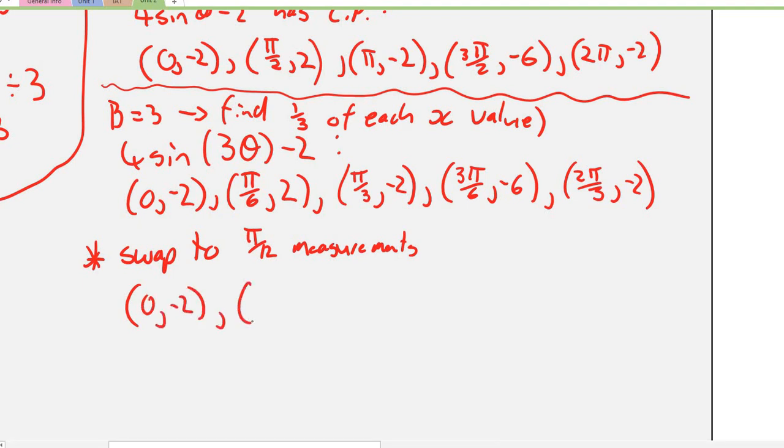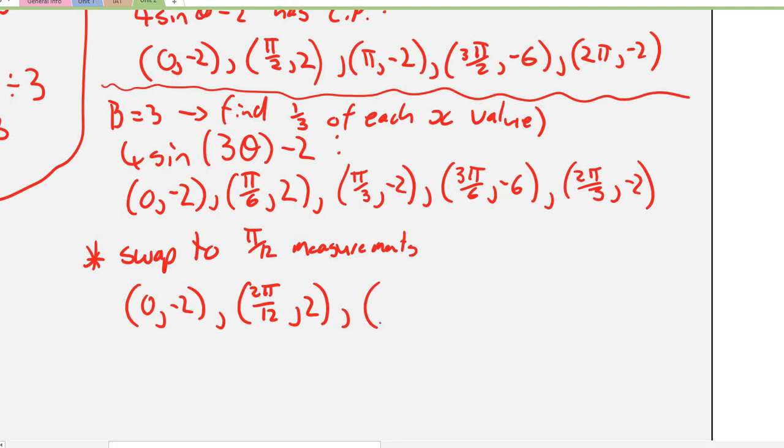If I was to turn pi on 6 into pi on 12, what would I have to do? The bottom becomes 12. What would the top become? 2 pi on 12. Are we all right with that idea? I might show you on the board.